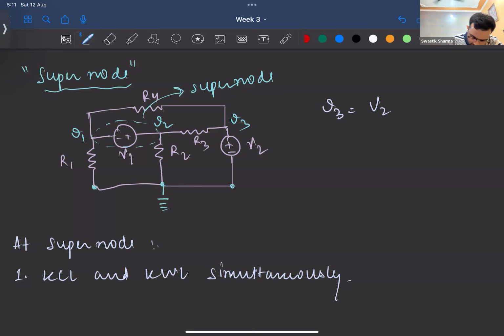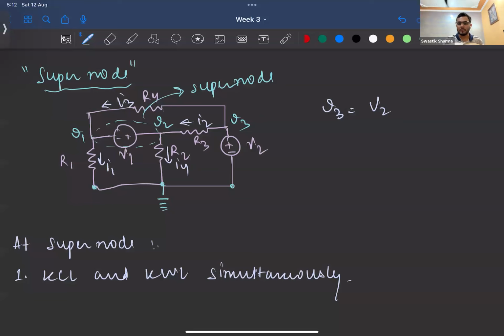So how exactly are we going to do that? Let's apply KCL. I1, I3, I2, and I4. For a supernode, we'll collectively call it a single node.